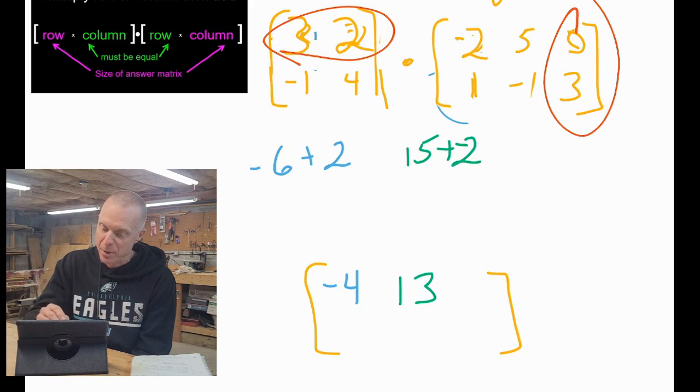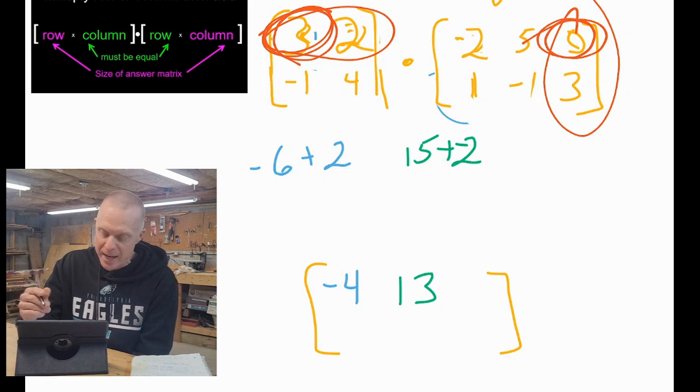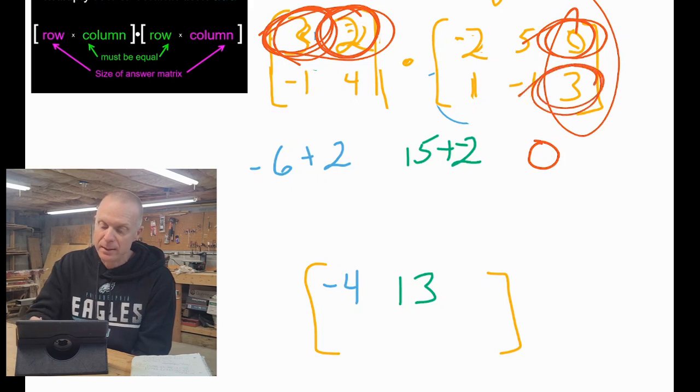What numbers am I going to multiply? Well, 3 with 0. Zeros are always nice because 3 with 0 obviously gives me 0. And then I'm going to multiply 2 with 3, and you end up with 6. Add them together, and I end up with a final entry of 6.